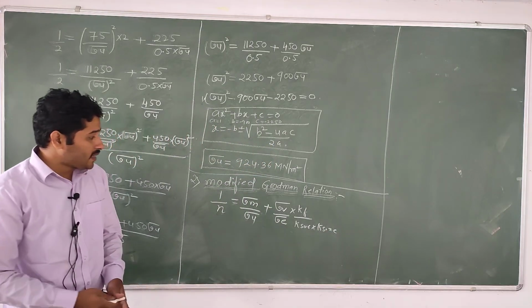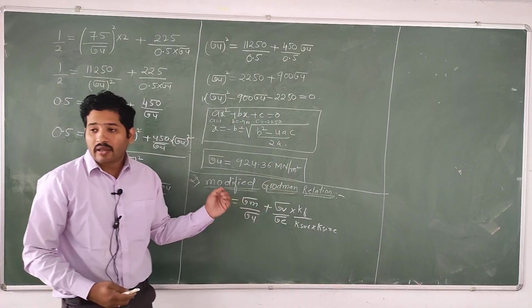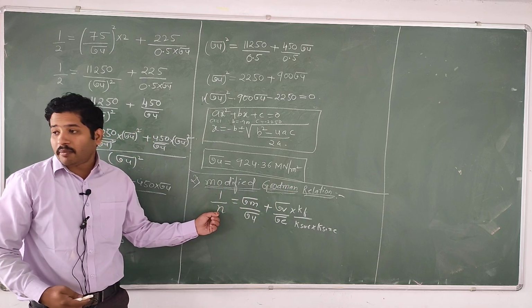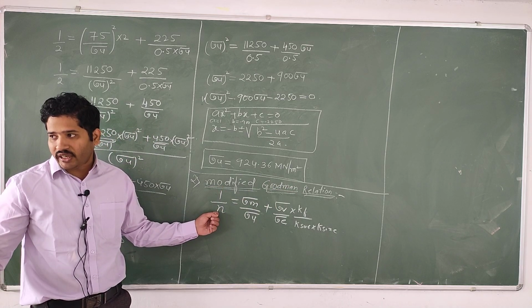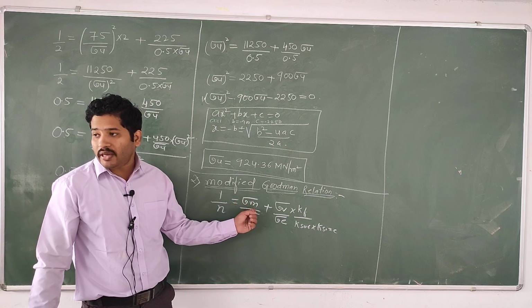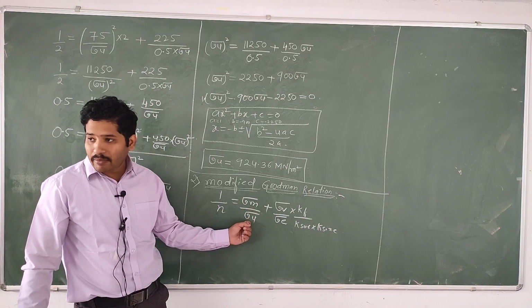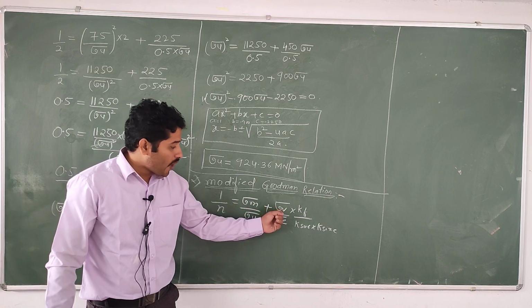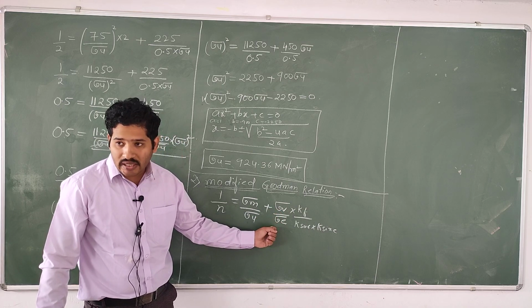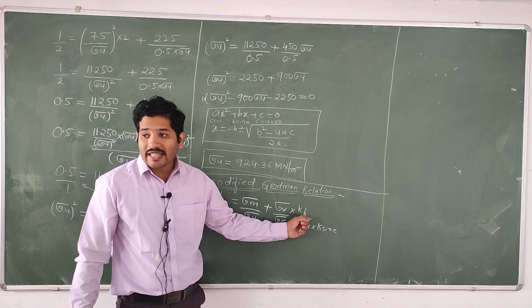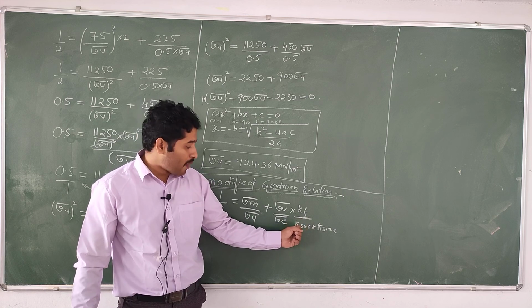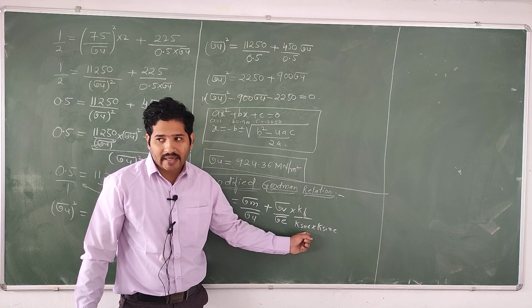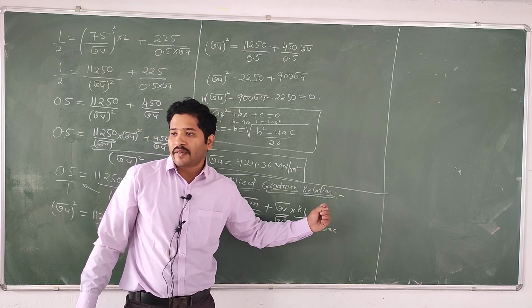So what is the formula for the modified Goodman relation? 1 by n, nothing but factor of safety, equal to mean stress by ultimate stress plus variable stress by endurance stress into stress concentration factor by K surface finishing factor into K size factor.